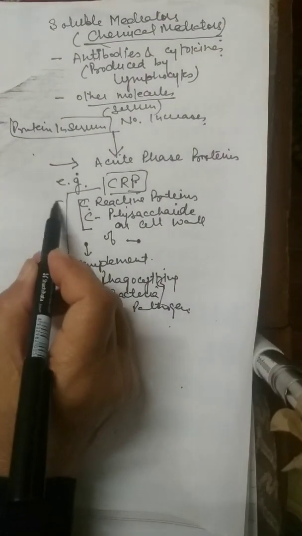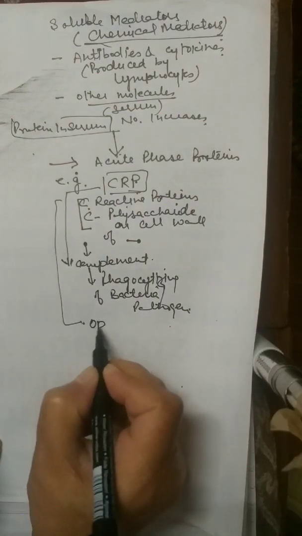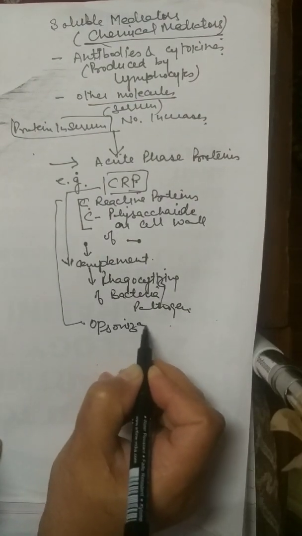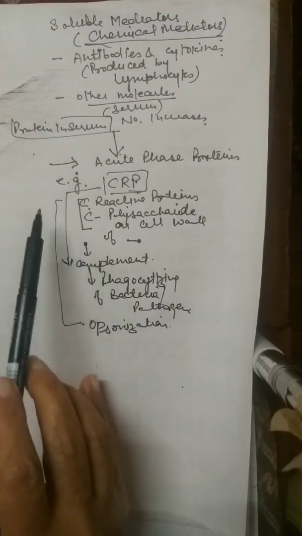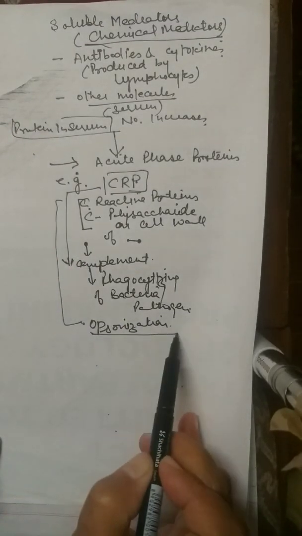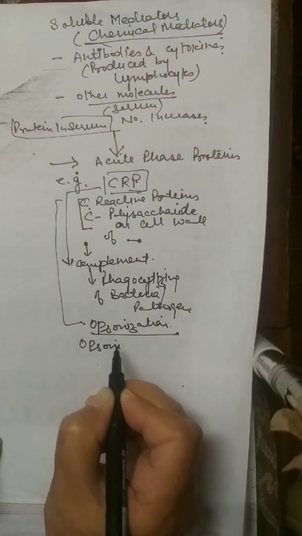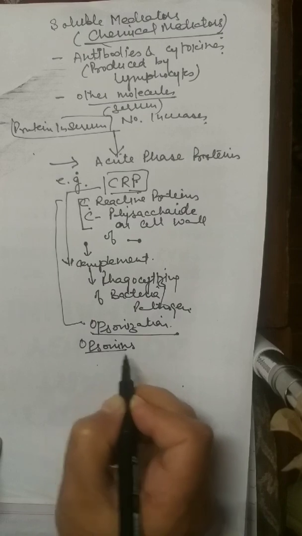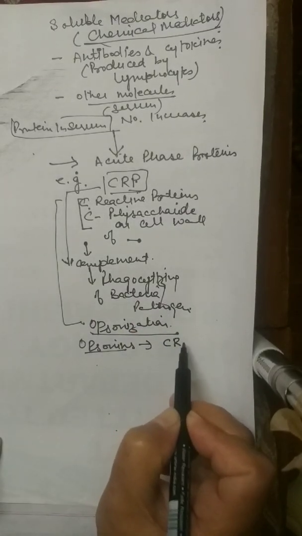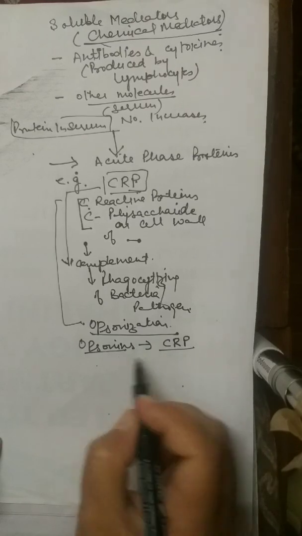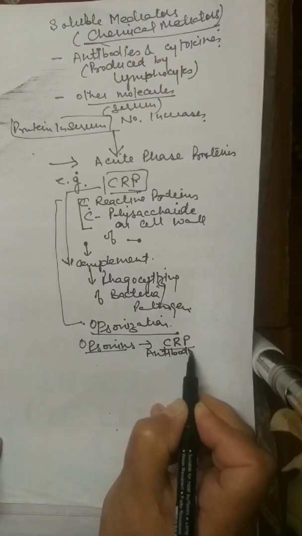And this whole process is called opsonization. Such molecules which promote opsonization are called opsonins. An example is acute phase protein, such as CRP, or another example of opsonin, antibodies, they also play such a role.